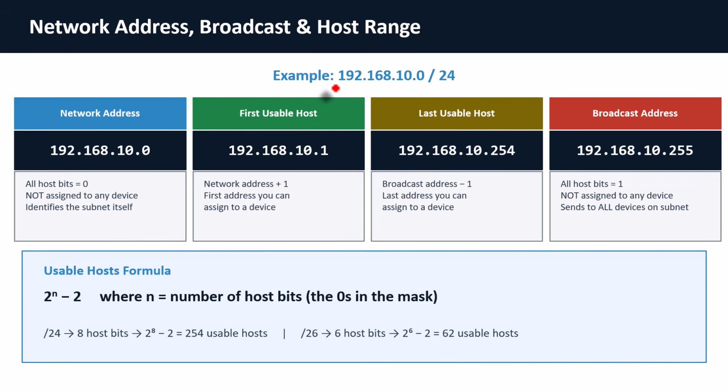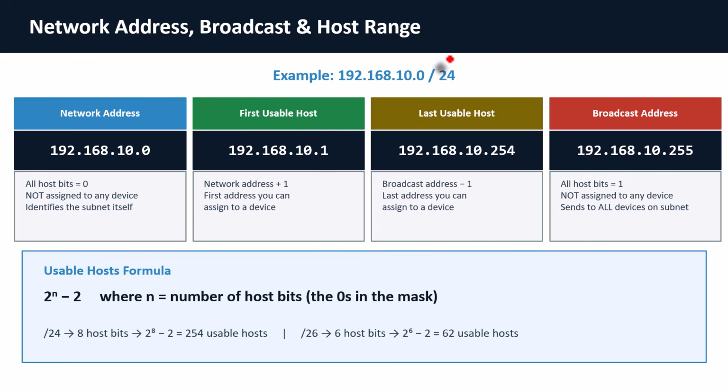Now, sometimes when you are given an address plan, they may ask you for different addresses. For example, the network address, the broadcast address, and the host range. The host range means the host addresses you can assign to hosts on our network.